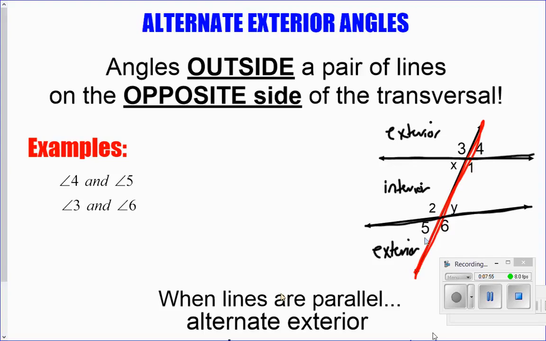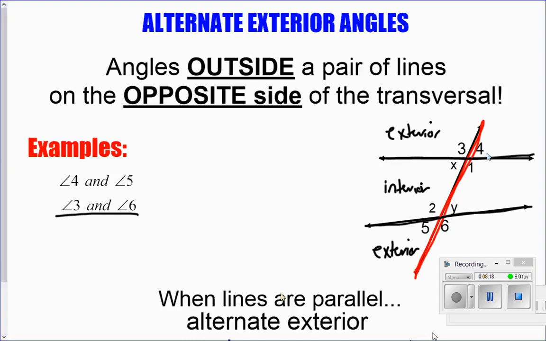So we want to focus on the angles that are on the outside of those two lines, but again, still on the opposite sides from one another of the transversal. So I could say that angle 3, because it's on the outside, and angle 6, because it's on the outside but on the other side of the transversal, angles 3 and 6 are alternate exterior angles.